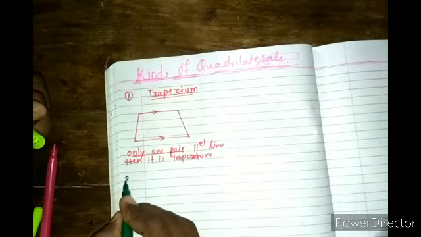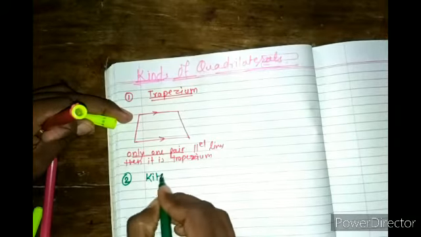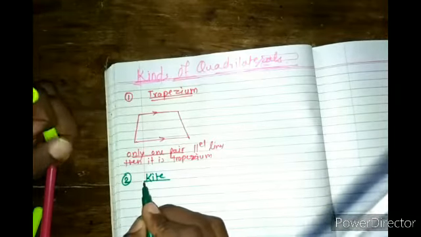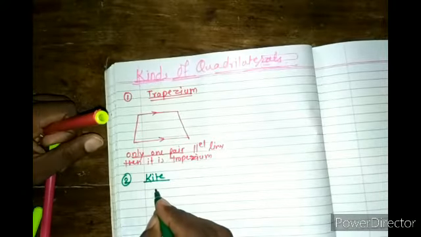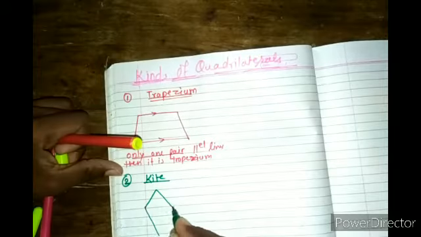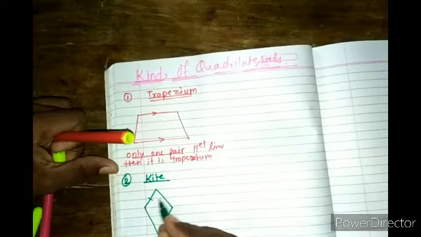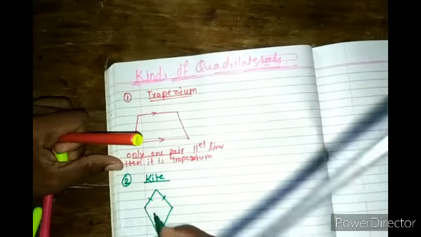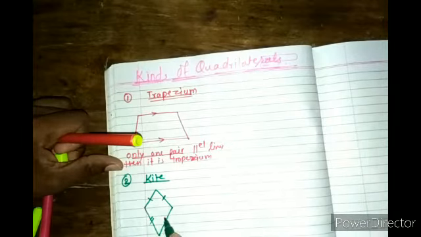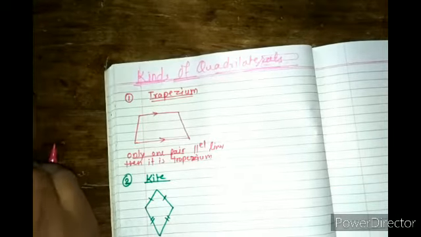Our next type of quadrilateral is the kite, right? Everyone knows the shape of a kite; it looks like that. So here such a marking is present, right?